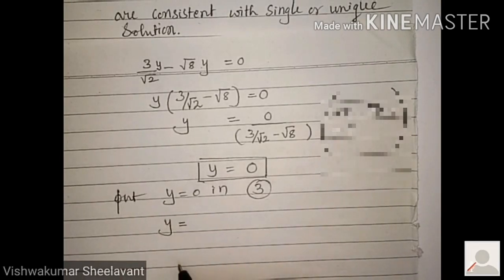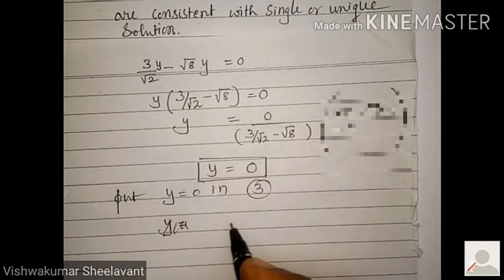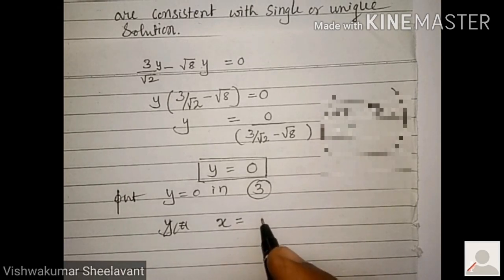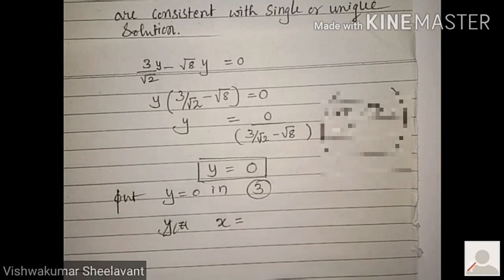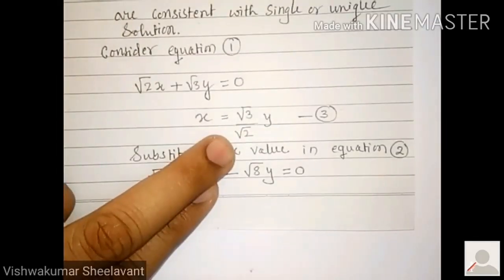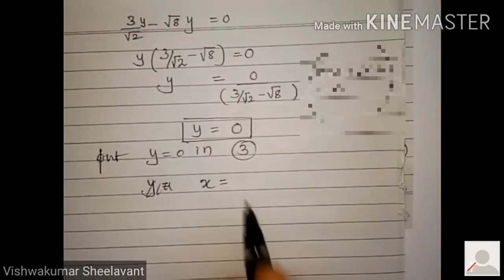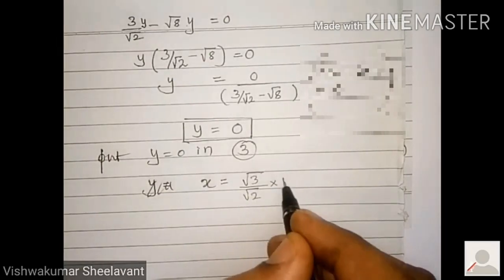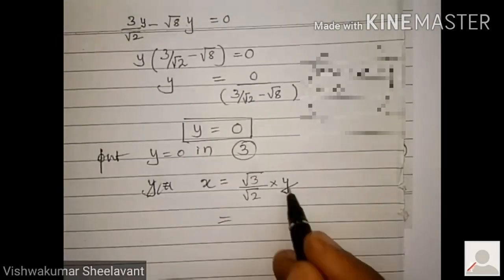So y is equal to 0, I have to substitute. So I will have x equal to root 3 by root 2 into y. But y value is 0.